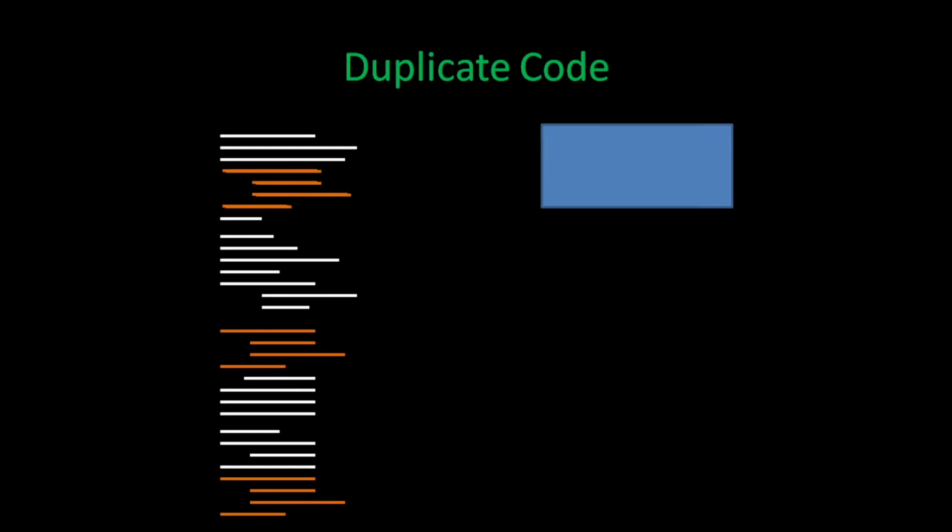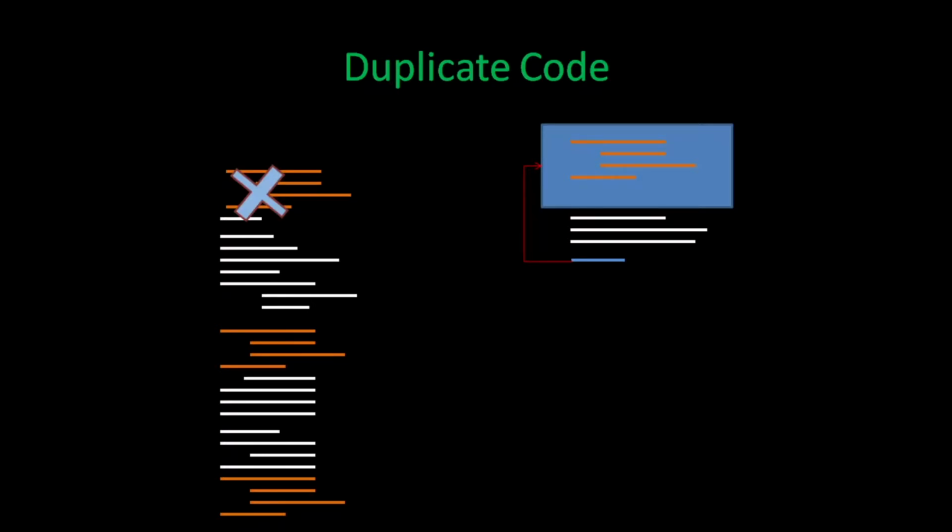I can create a function and add the duplicate code into the function. When I write my program, any non-duplicate code can be added to the program, and any duplicate code can be called as a function. A function call is a single line of code. It can replace the need for retyping multiple lines of code in the program.